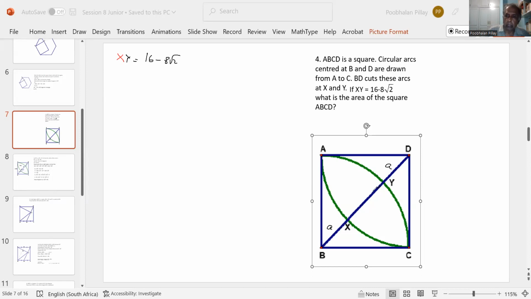So the diagonal BD is 2A. To make life easy, I'm going to call XY 2B. In other words, I'm not going to use these clumsy numbers, but I'm going to call this quantity 2B, and just remember what B is. Twice B is this, so we can eventually calculate B. All right, so we'll just hold on with that.